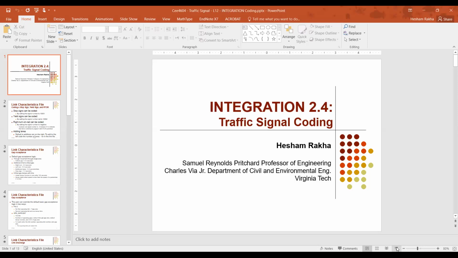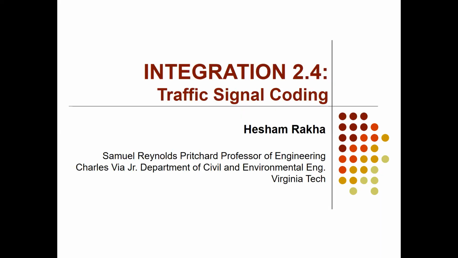The only thing I'm going to add here, and we're not going to do a hands-on demonstration given that you've already coded with integration, is go over how you can code traffic signals in integration and describe that.